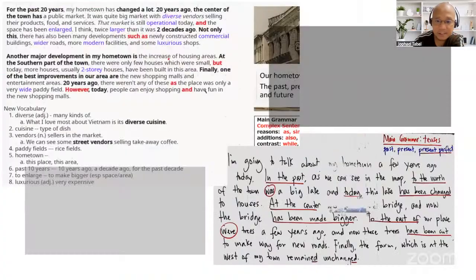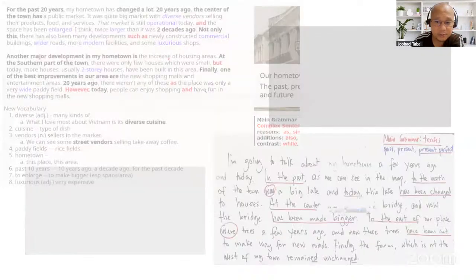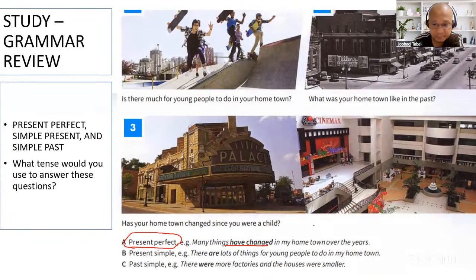As you can see here, we have has changed a lot. So if you want to talk about changes, has developed, has been built, you're going to use your present perfect. For example, more buildings have been built.